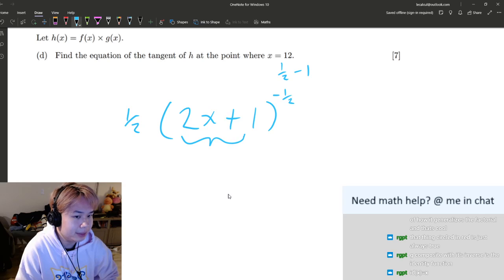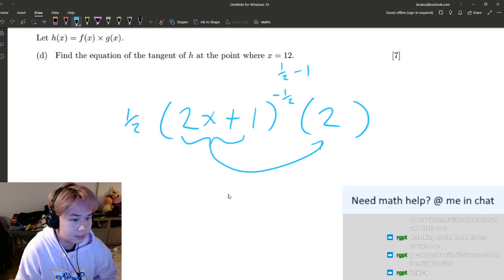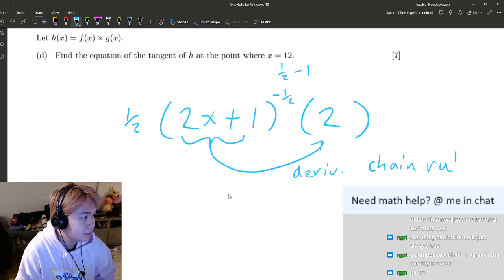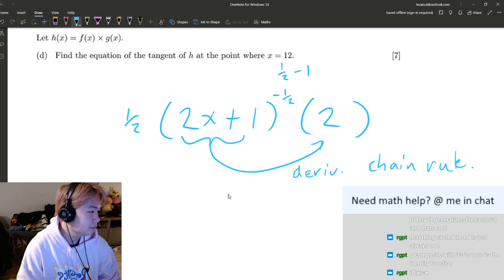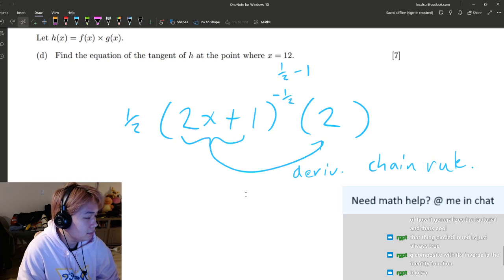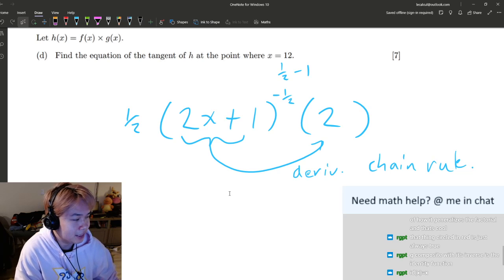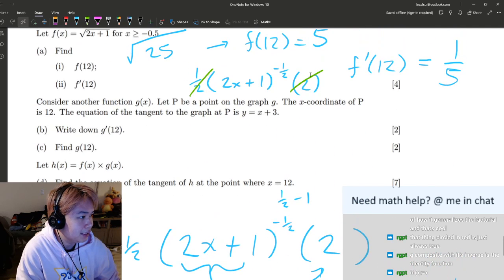But then you have to multiply by the derivative of all of this stuff, which is 2. So hopefully that makes sense, why there's a 2 here.